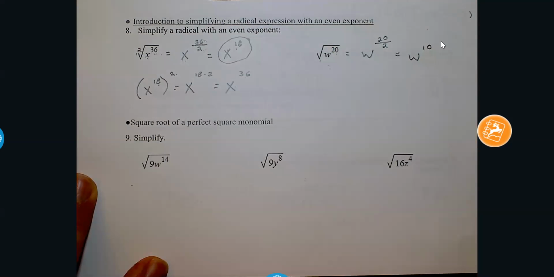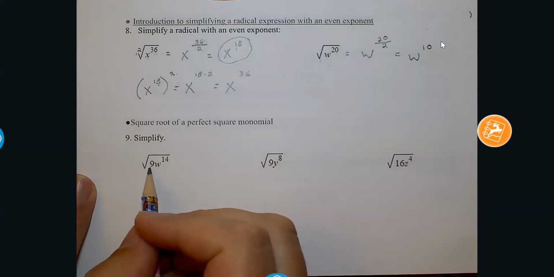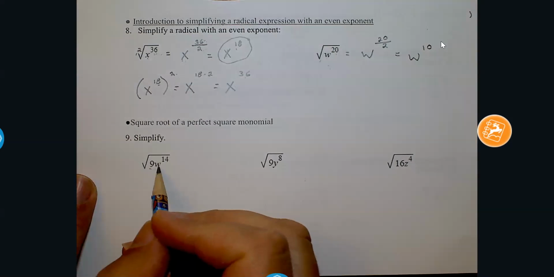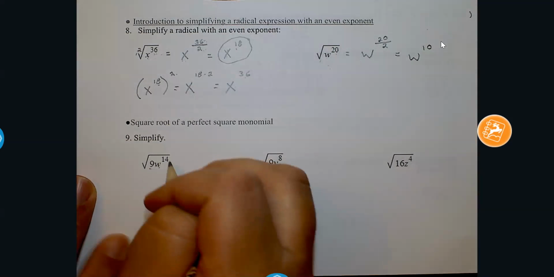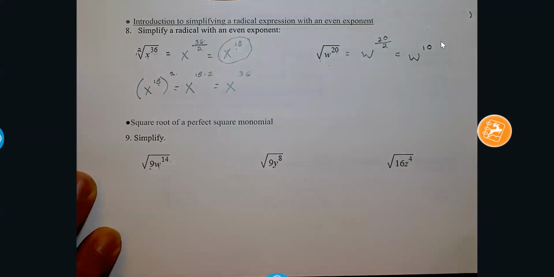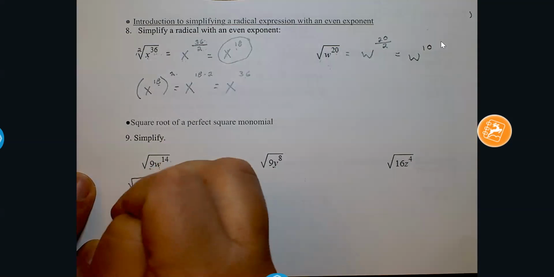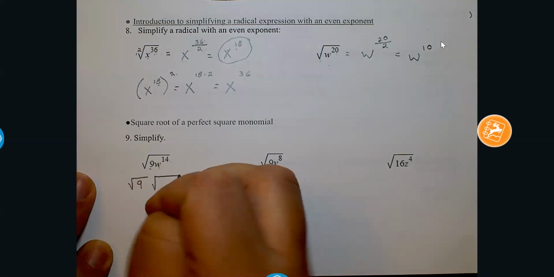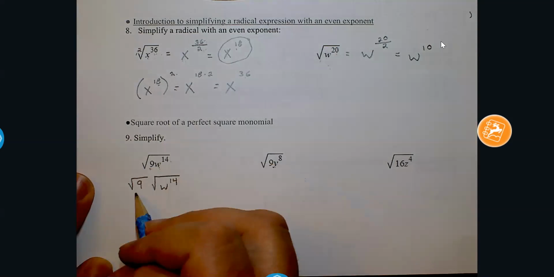All right. We're going to expand on that down here because we're mixing regular numbers, all right, whole numbers with our exponents. So we have here the square root of 9w to the 14th. So I'm going to break this into two separate things. I'm going to make this the square root of 9 times the square root of w to the 14th. Okay, the square root of 9 is easy.